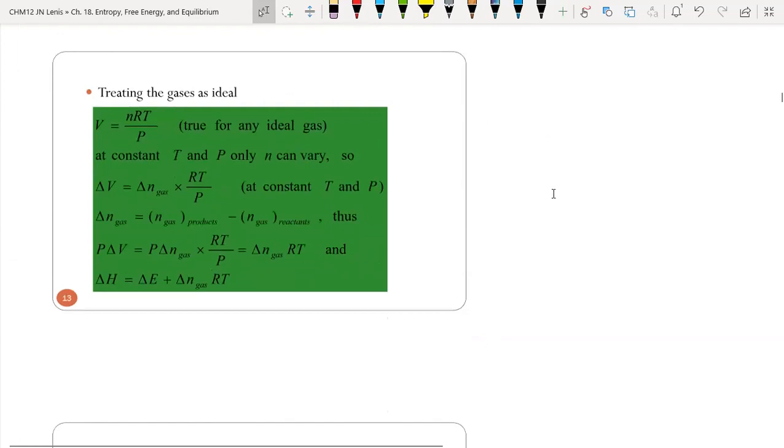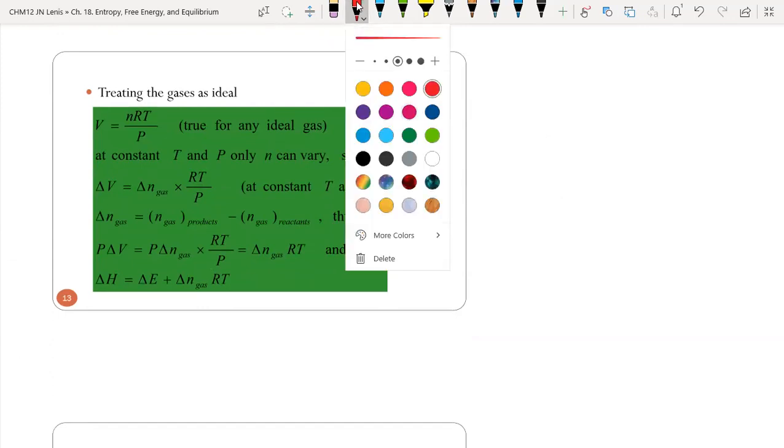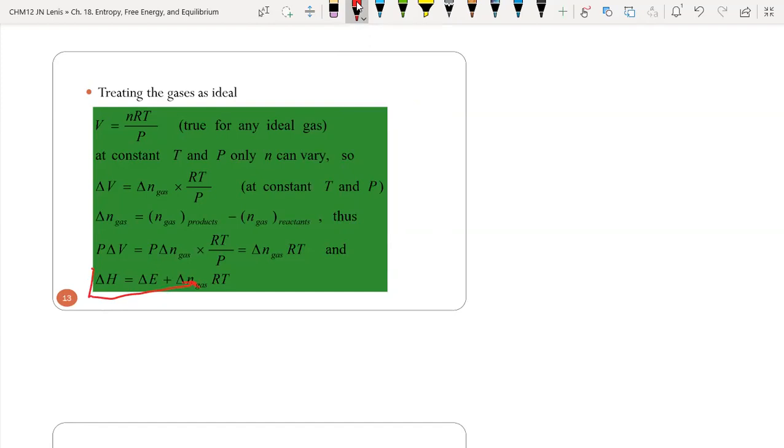And if we apply ideal gas laws and plug into the previous equation, we arrive at this equation here: delta H, or enthalpy, equals internal energy delta E plus delta n gas RT.